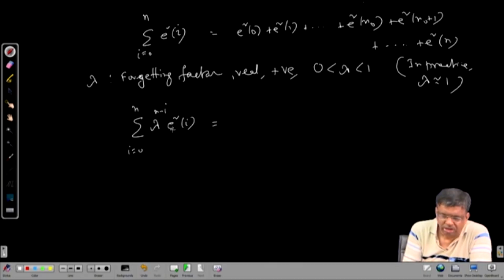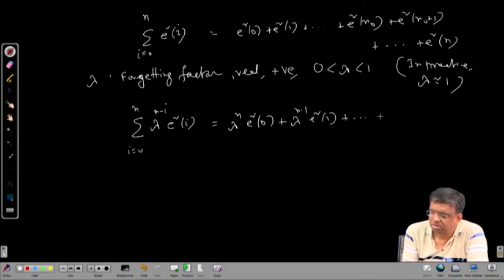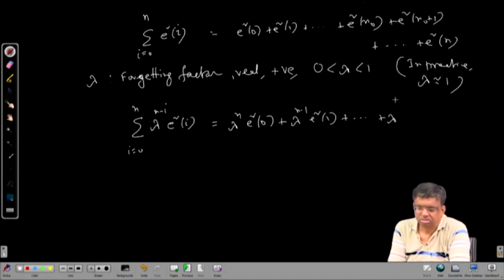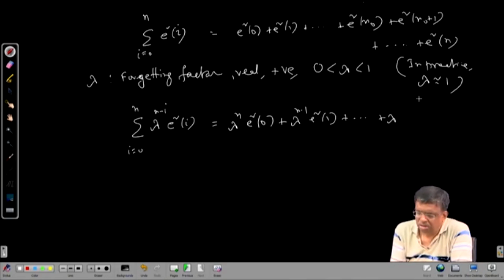Let us write down. For i equal to 0, lambda to the power n times e square 0, then lambda to the power n minus 1 times e square 1, plus dot dot dot. Forget n naught, I am going to the last point.